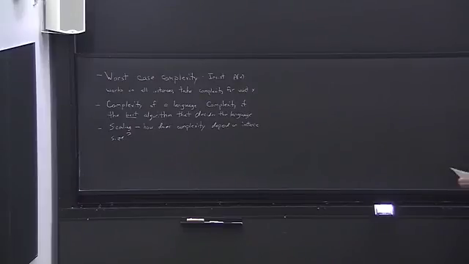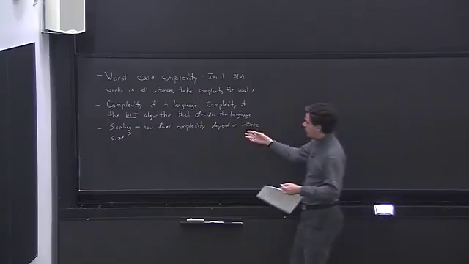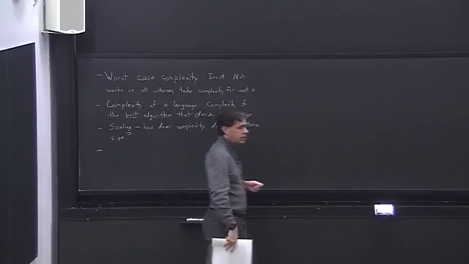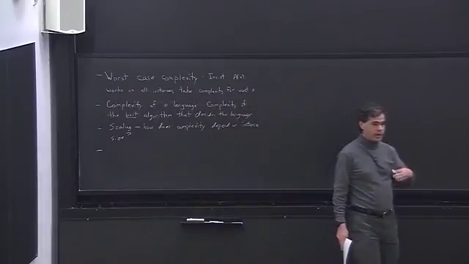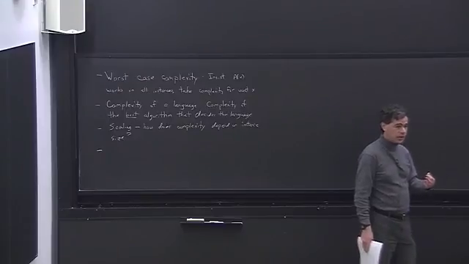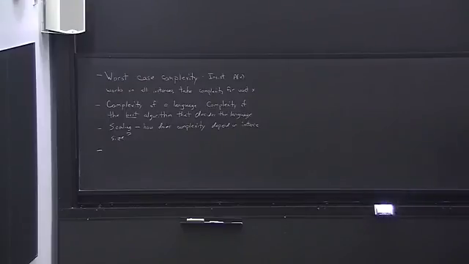Okay, but we're not quite done. One thing to note is we still want to get rid of that machine dependence. If we calculate the exact number of steps, then we have the problem that one universal gate set versus another might take a different number of steps.